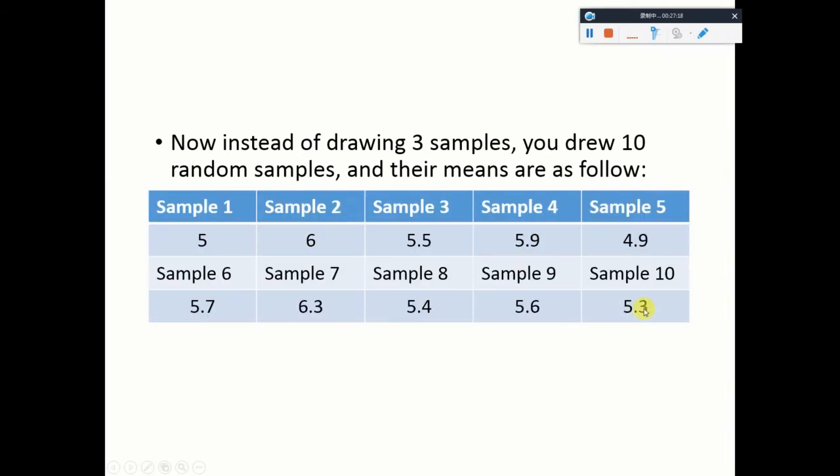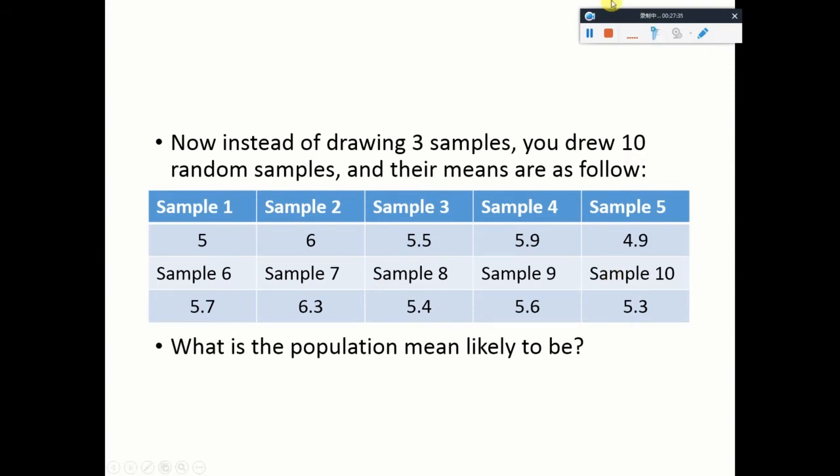Now, instead of drawing 3 samples, you drew 10 samples, and their random means are presented as follows. The mean for the first sample is 5, and the mean for the 10th sample is 5.3. So now what is the population mean likely to be?